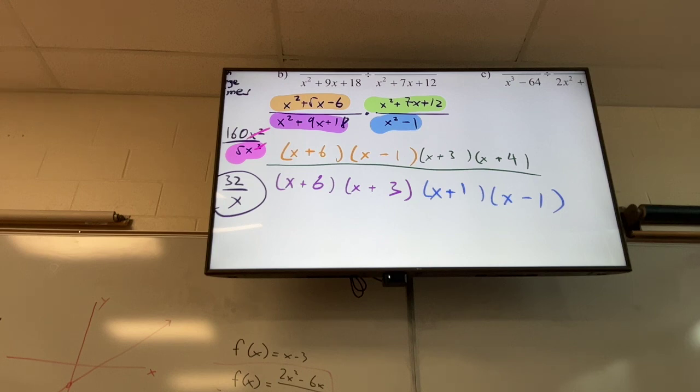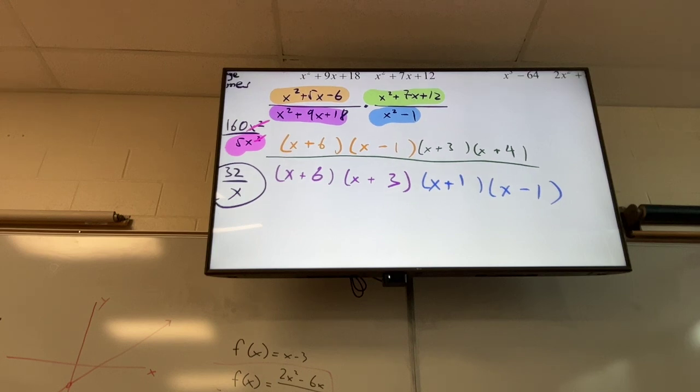So I multiplied across. What are my excluded values going to be? So I just set each of these equal to 0. It's going to be x equals negative 6, x equals negative 3, x equals negative 1, and x equals 1. These get excluded.